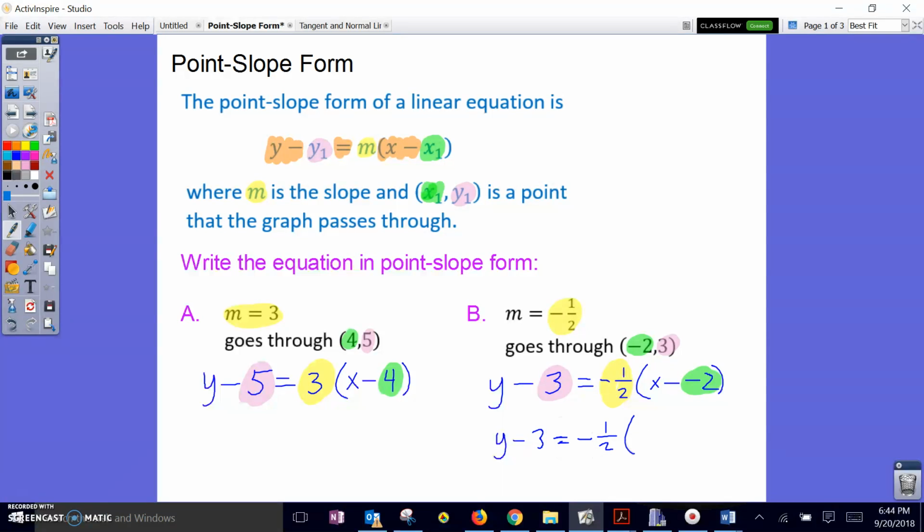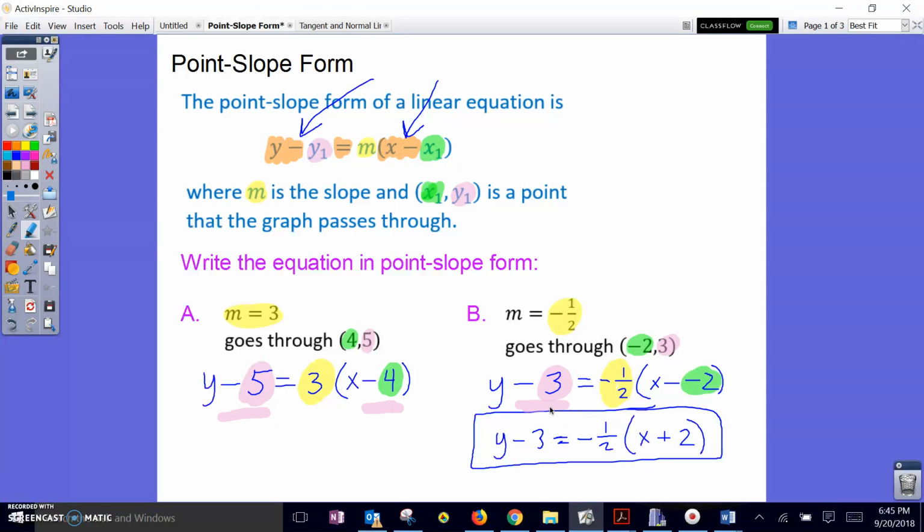I'm going to write my point-slope equation as y minus 3 equals negative 1/2 times the quantity x plus 2. Now something you'll notice about this, because of these minus signs in the point-slope form, is that the values that we see in our equation here are always the opposite in sign from the coordinates of the point.